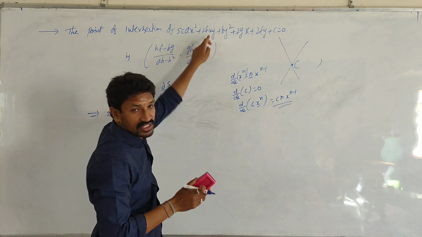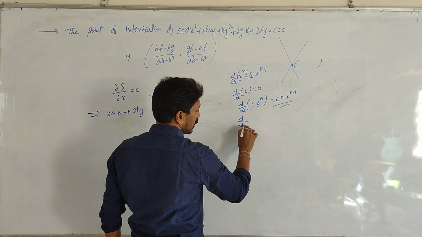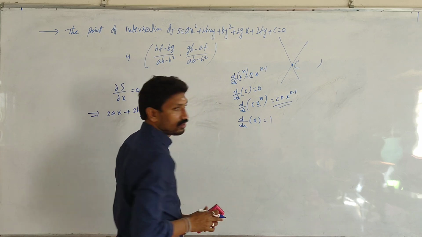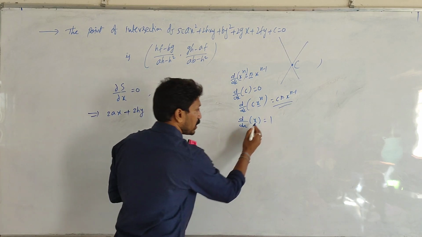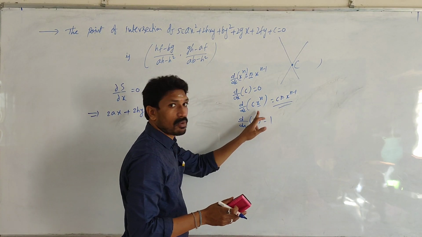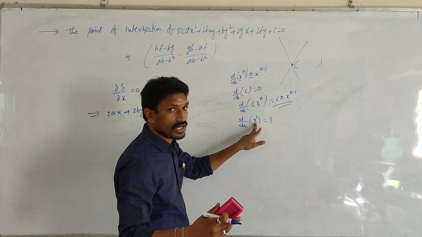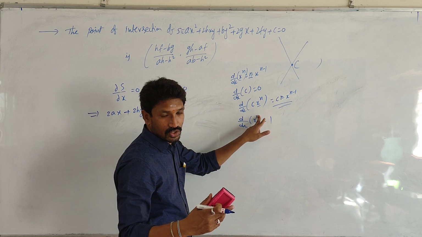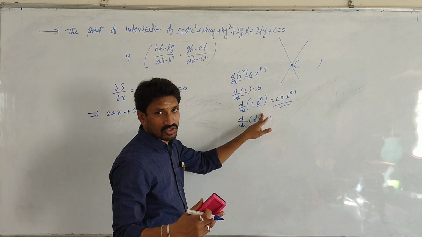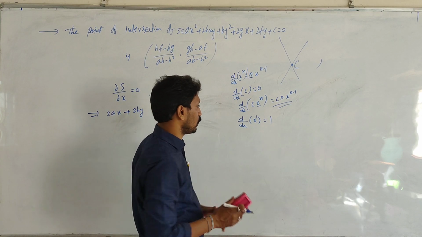And x differentiation, remember d by dx of x is equal to 1, because x power 1 is there, so 1 into x power 1 minus 1, that is x power 0, and anything power 0 is 1. So 1 into 1 you get.